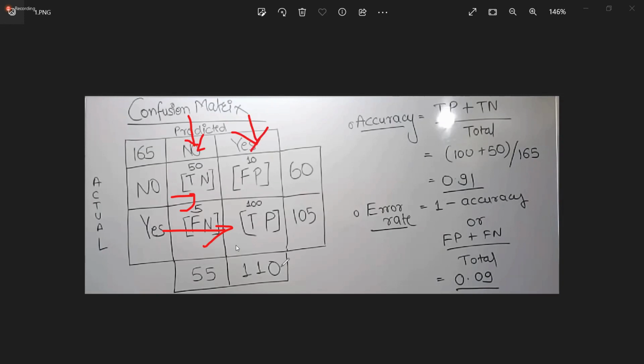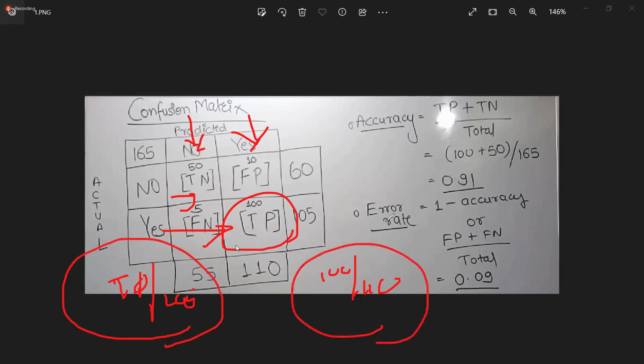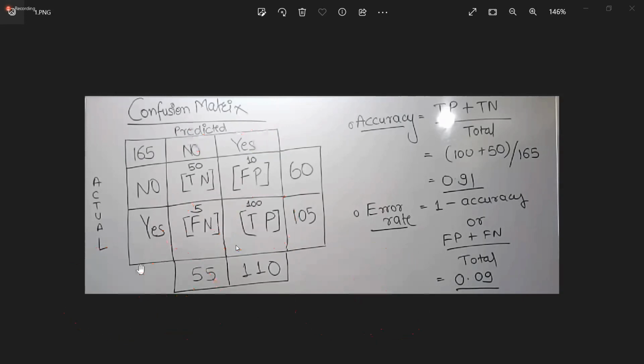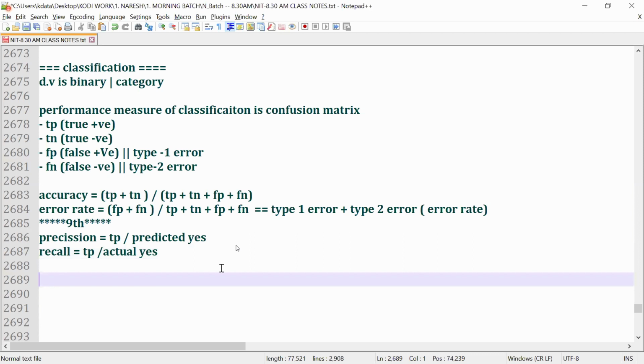What is precision? TP by predicted yes. What is predicted yes? 100 by 110. So what is actual yes? TP by actual yes, which is 105. So this is called recall. This is called precision. You understand from this table, this is called confusion matrix table.